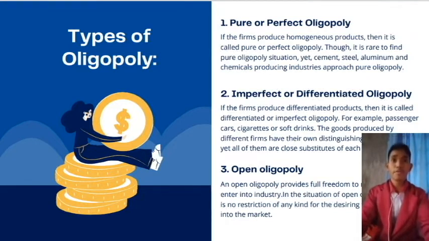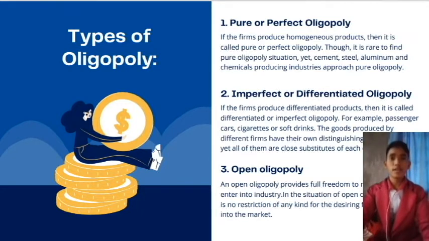This is called differentiated or imperfect oligopoly. Mga example diyan ay mga sasakyan, mga pantawid na sasakyan, mga sigarilyo, soft drinks. Kumbaga, doon sa una, same lang sila; dito, magkakaiba sila.